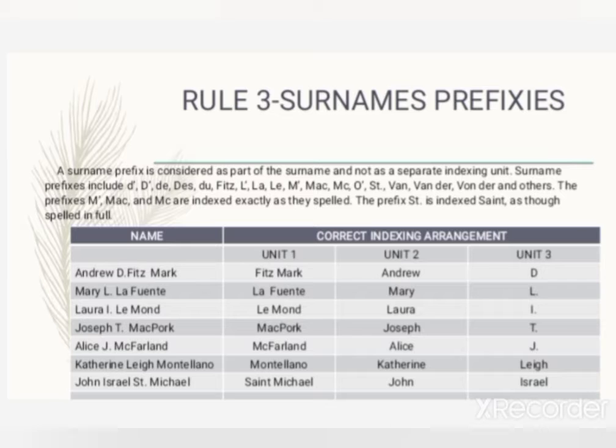For example, Mary L. Lafuente. Her surname is two words, but it is said in rule number 3 that it should not be separated. So, when indexing in unit 1, you should put the surname Lafuente. You will not separate the surname.